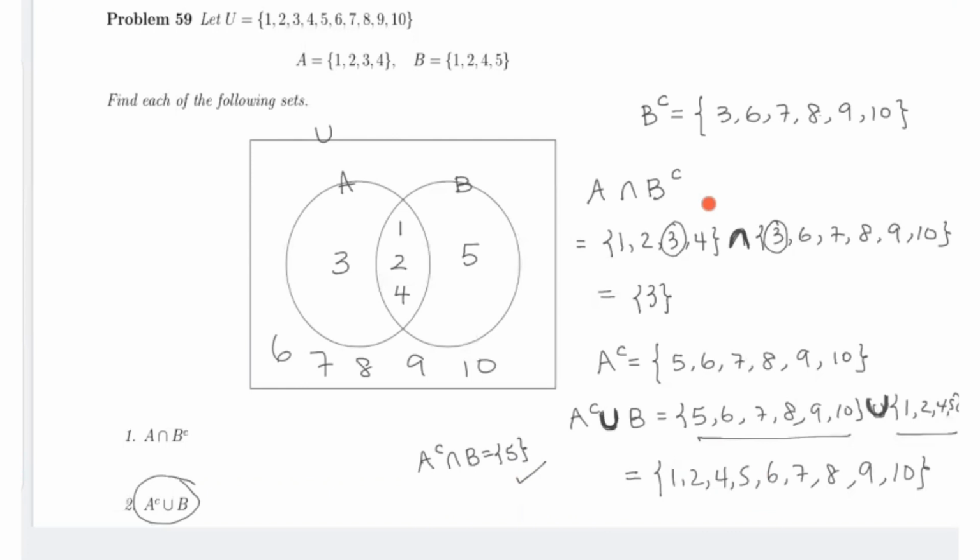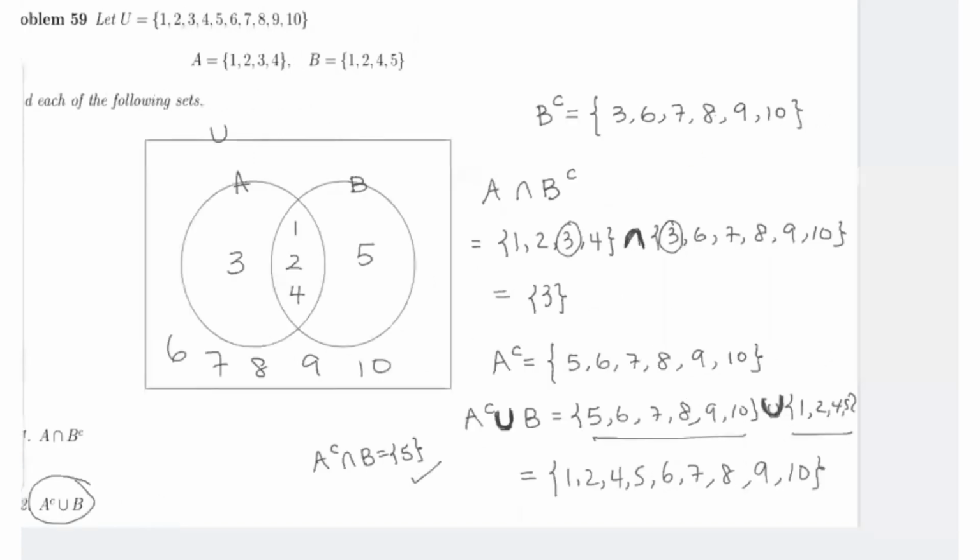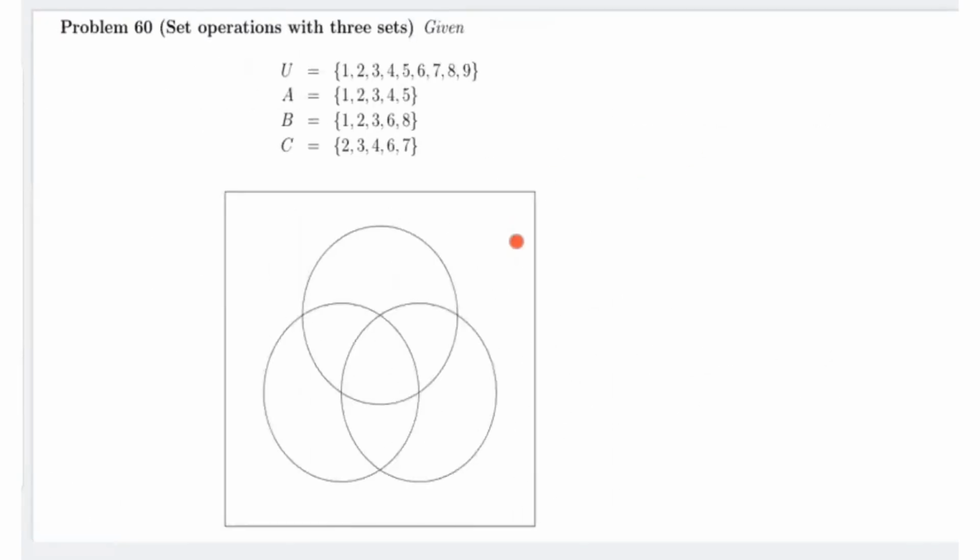Now we are looking at 3 subsets. You ready? I'm going to move to the next one. It has a long question, parts A, B, C, 1 to 3. I want to find problem 60 on page 89. Construct the Venn diagram first, and then we move on.